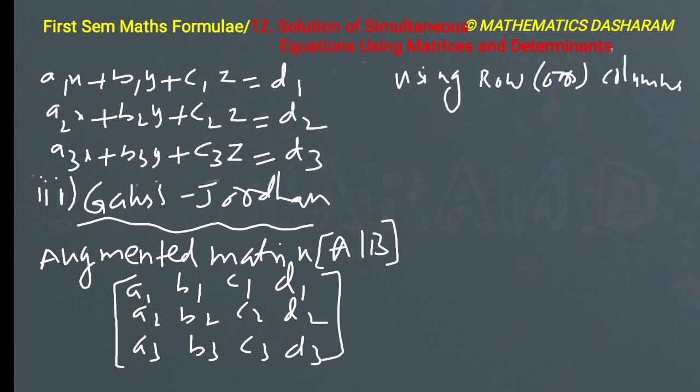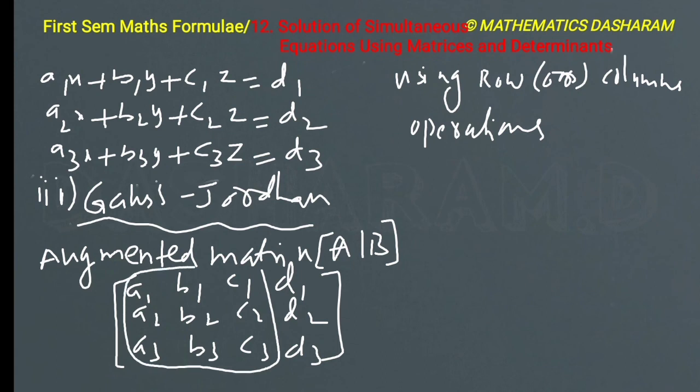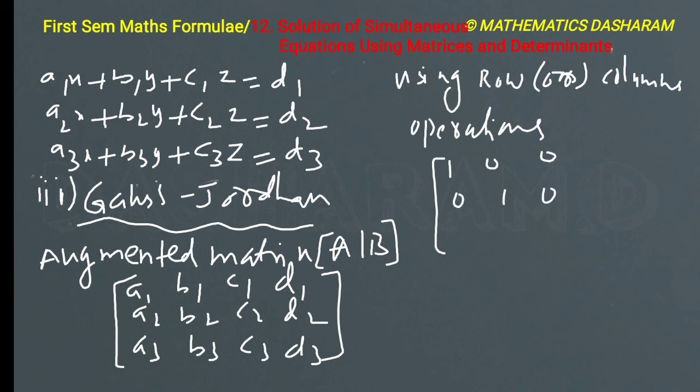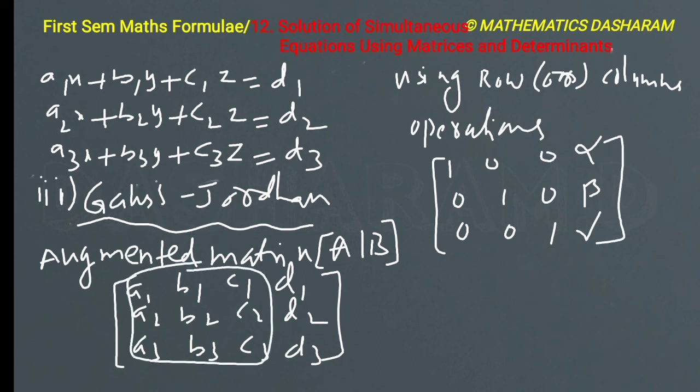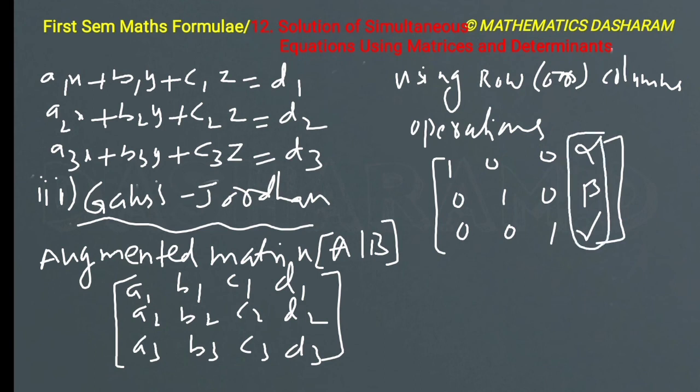Using row or column operations, we need to convert this 3 by 3 matrix into an identity matrix: 1 0 0, 0 1 0, 0 0 1, and then our required answer is alpha, beta, gamma. So at this place we get the identity matrix of order 3, and the last column is the required answer for the system of equations. This is the Gauss-Jordan method.